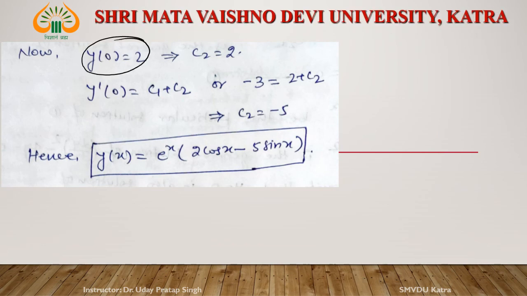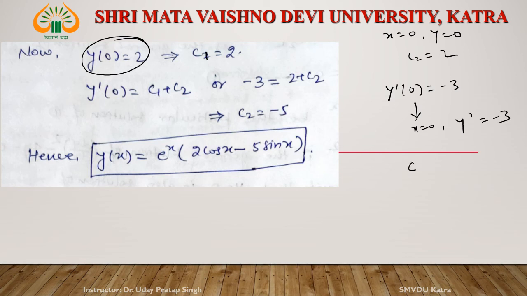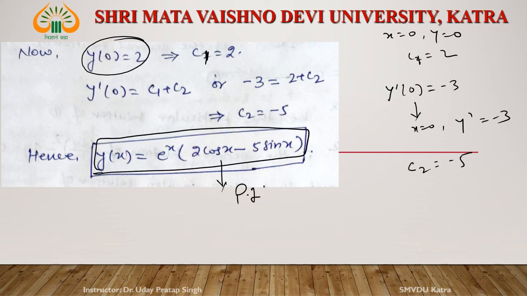Then calculate y prime, and with x equal to 0 and y prime equal to minus 3, solving this gives us, sorry, this is C1 not C2, this is C1 and C2 is equal to minus 5. So put the values of C1 and C2, and you get the particular solution.